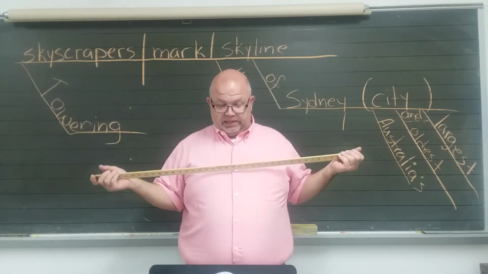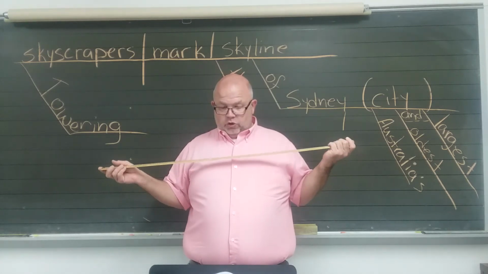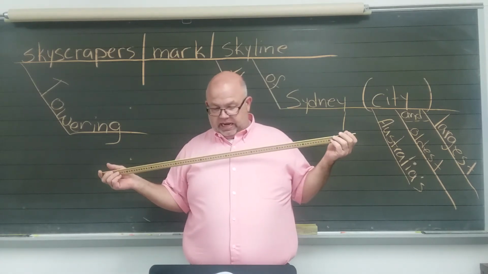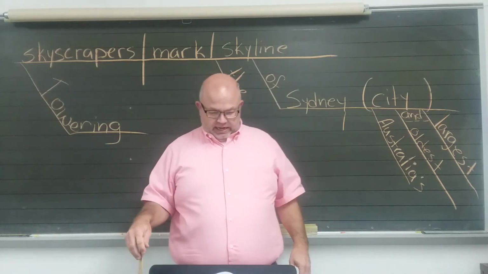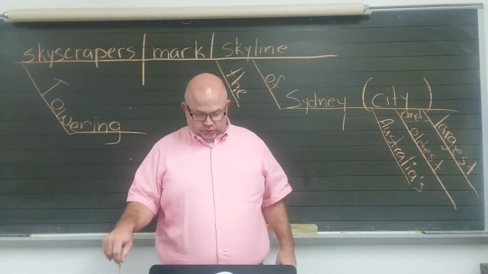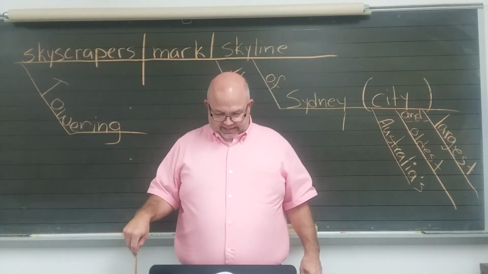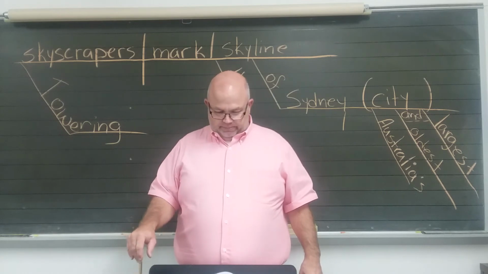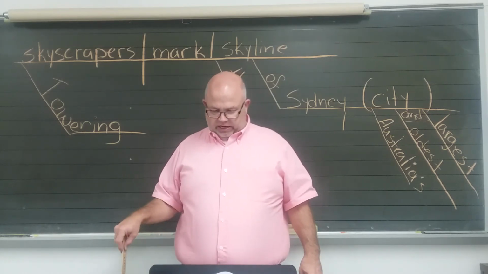Adjective clause begins with a relative pronoun. Number 11, who lived in sheep and cattle stations? The jackaroos. Who lived in sheep and cattle stations? How about the jillaroos? Ladies, would you like to call it a jillaroo? Number 19, parentheses around adjective phrases drawn out of the word that they modify.